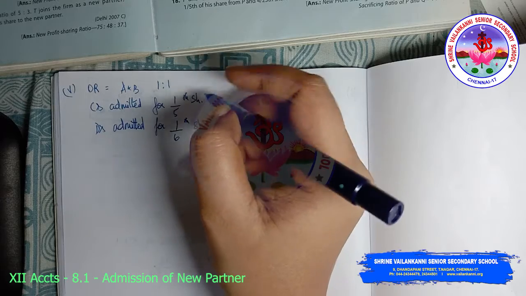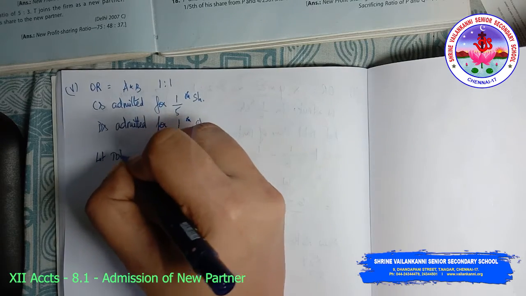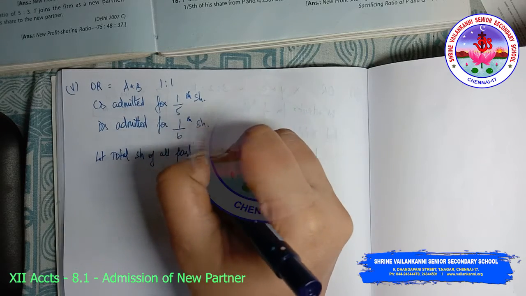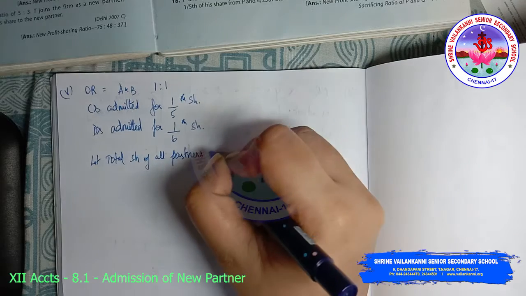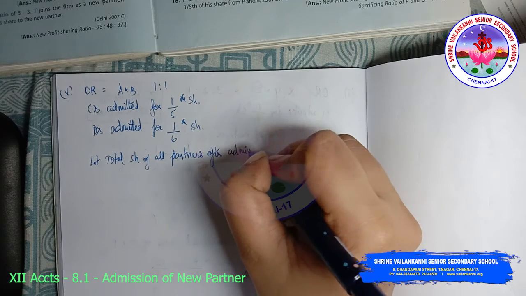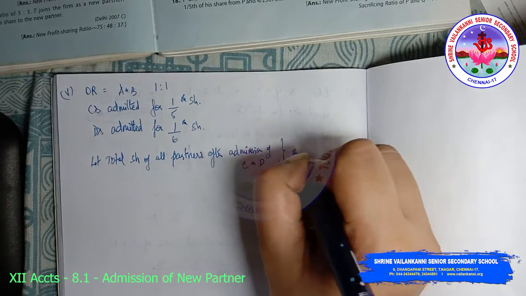Okay, so let the total share of all partners after admission of C and D be 1.